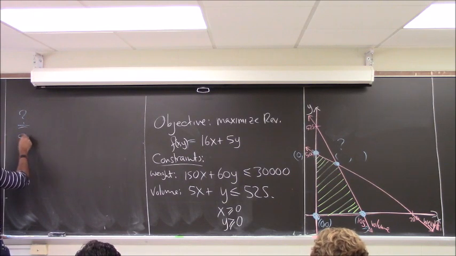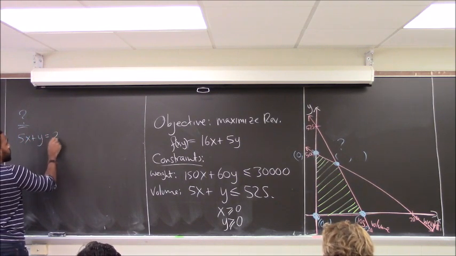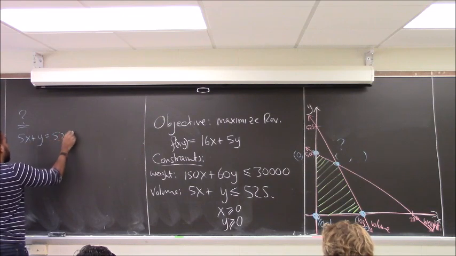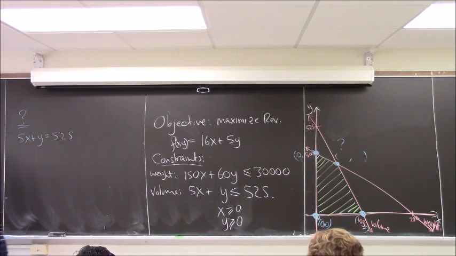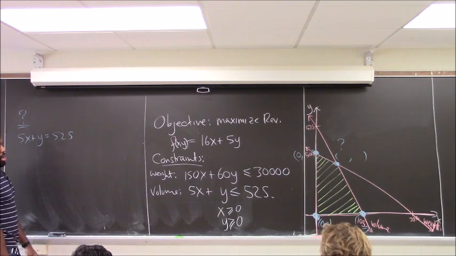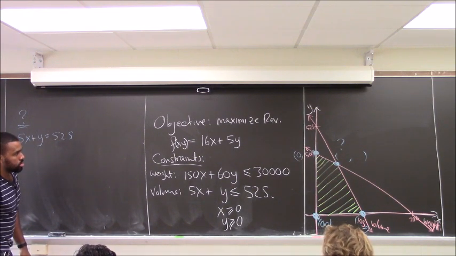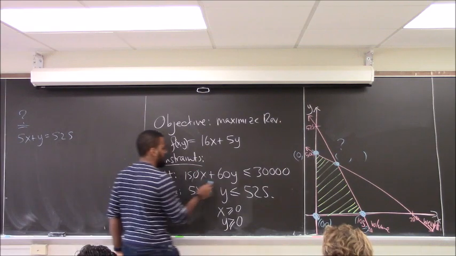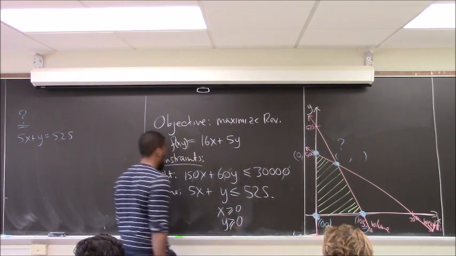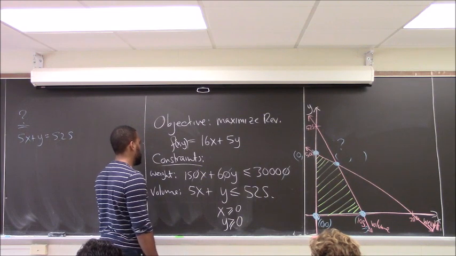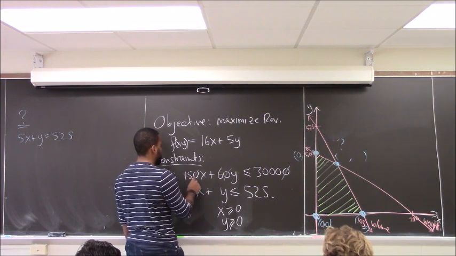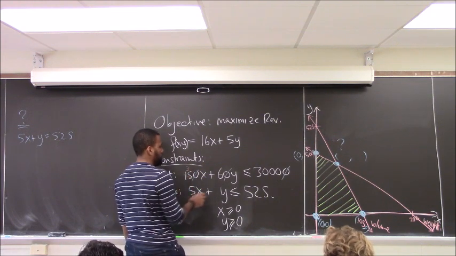So we have 5x plus y equals 525. And for the other one, well, I can divide through by 10. Then divide through again by 5. 5 into this would go 3 times.